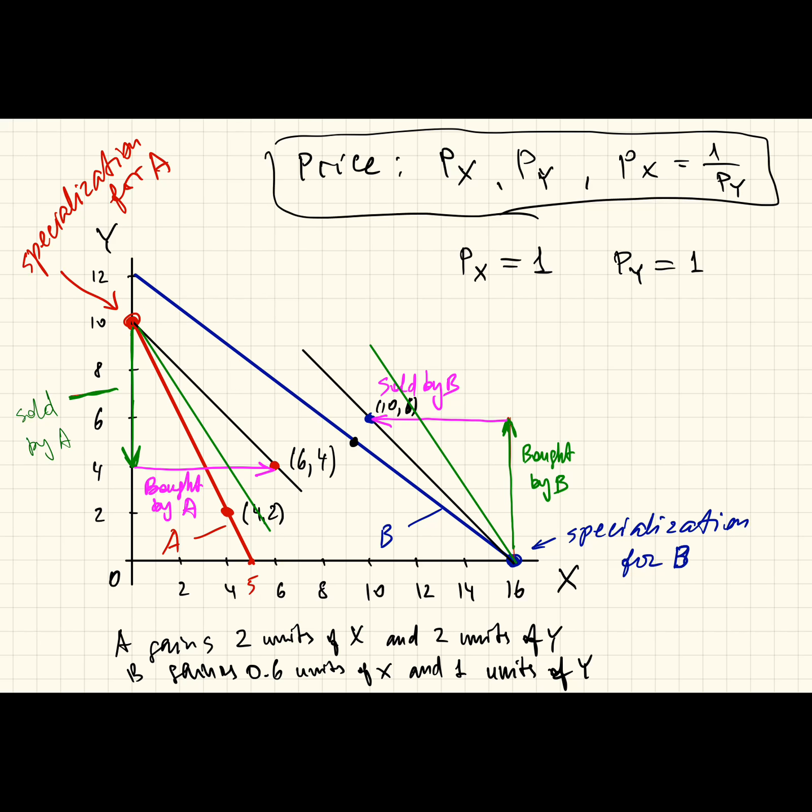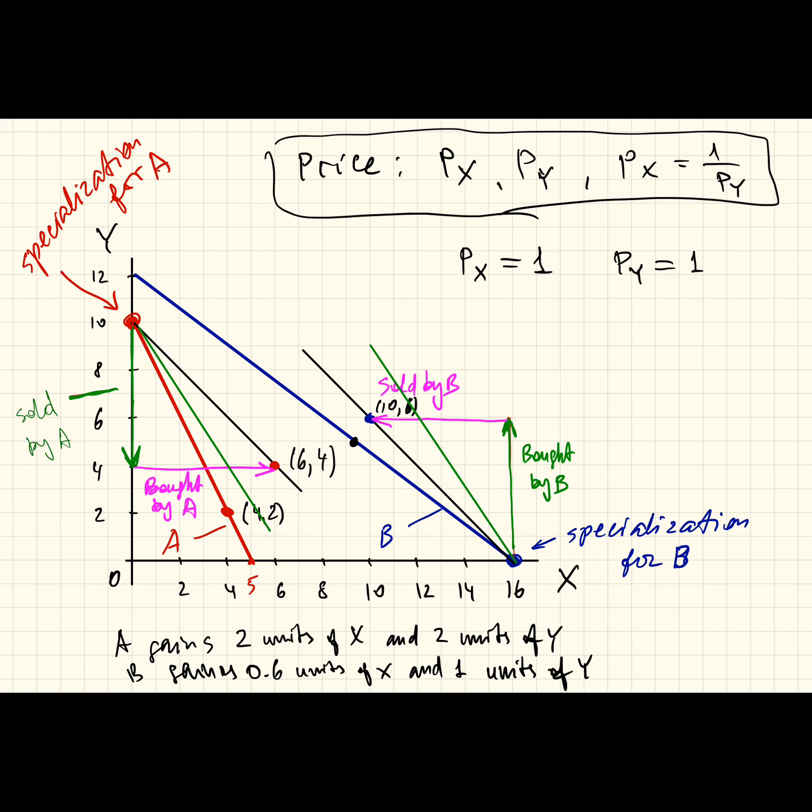And that means that he will be out of any possibility to gain from specialization and trade given this price ratio. Which means that he will not accept the offer for trading from the other guy.